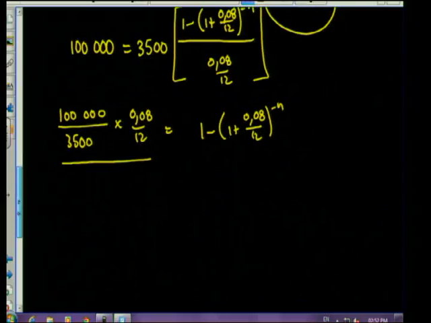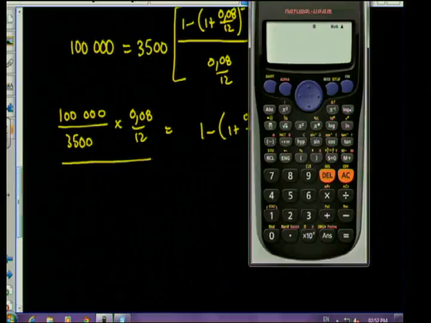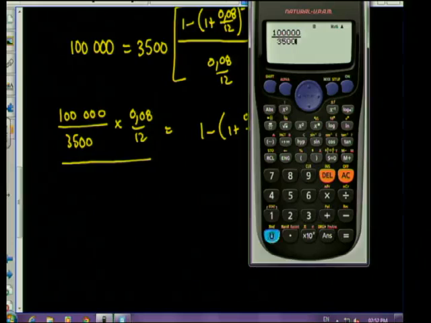So this is where I'm going to use a calculator all the way along. So I'm going to say, let's put 100,000. Put that all over 3,500. Scroll out, so I can say times, put your bracket 0.08.